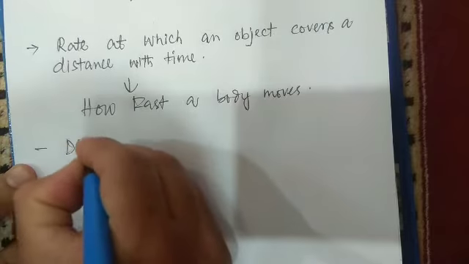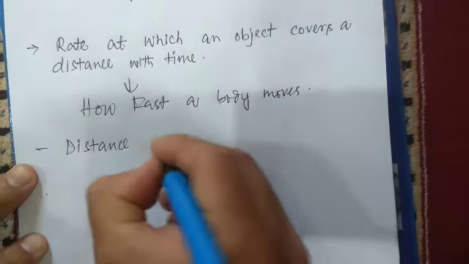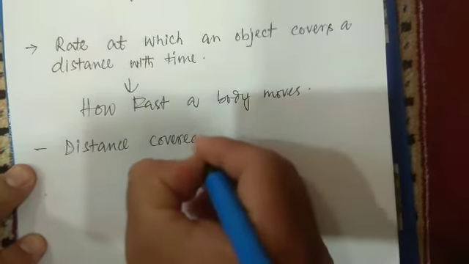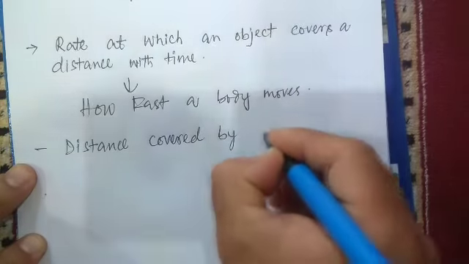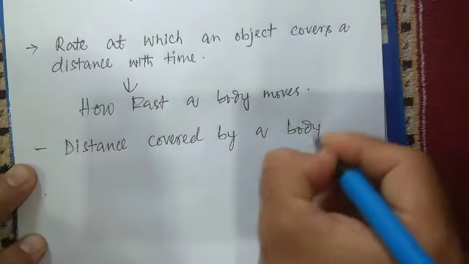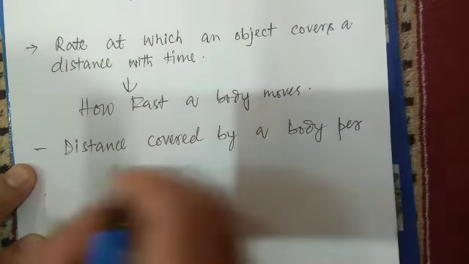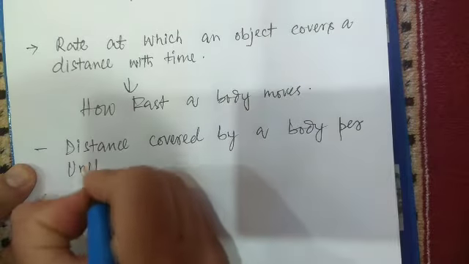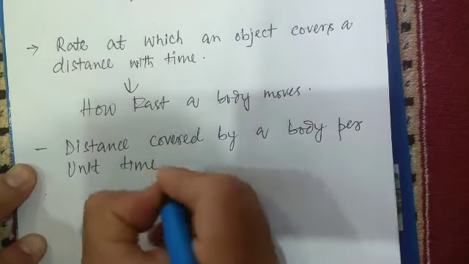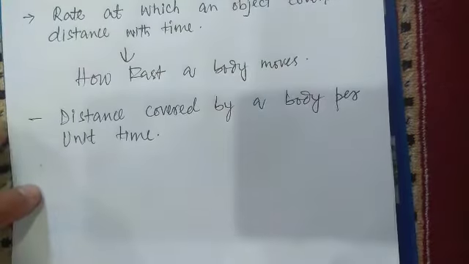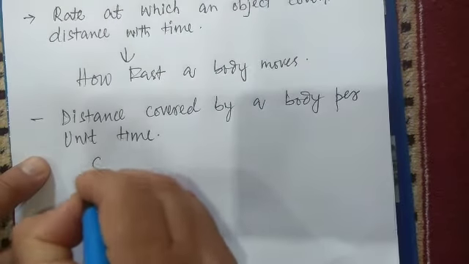We can also say that speed is the distance covered by a body per unit time.